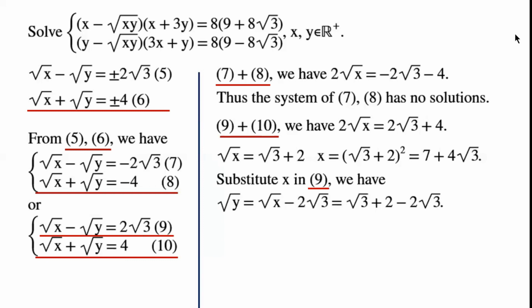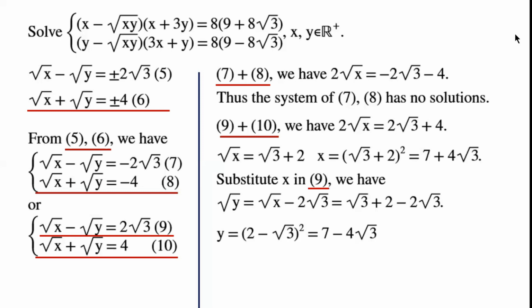Substitute x in equation 9. We have √y equals √x - 2√3, which is equal to √3 + 2 - 2√3.